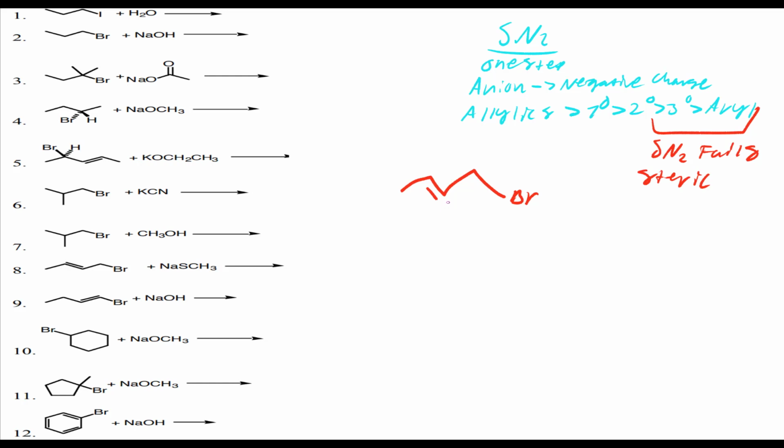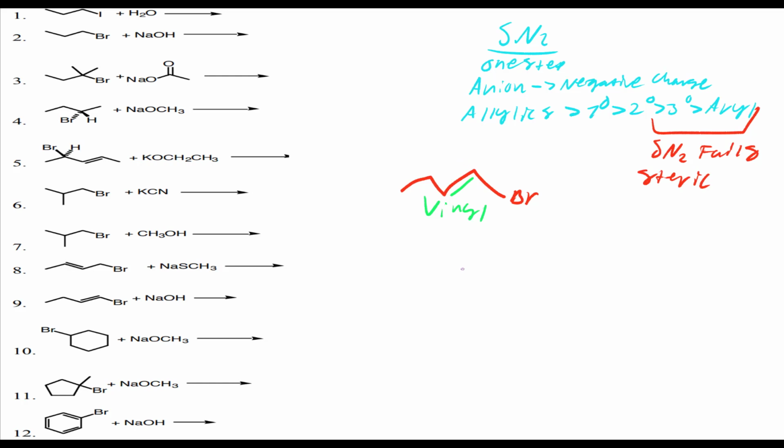So what did I do? Well, allylic just means that there's a double bond, but it's not directly attached to the bromine or to your halide. So for instance, if you were to ignore that bond and you put a bond right here, well, that's a vinyl group. And that's not really good. A vinyl group is when a double bond is basically attached to the carbon.